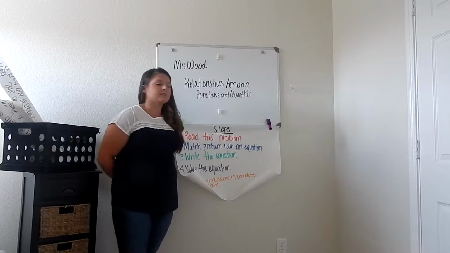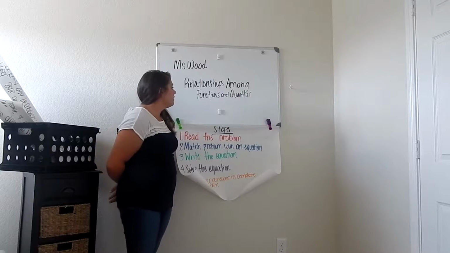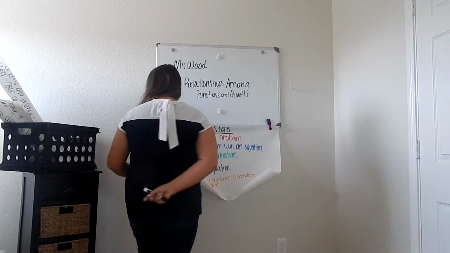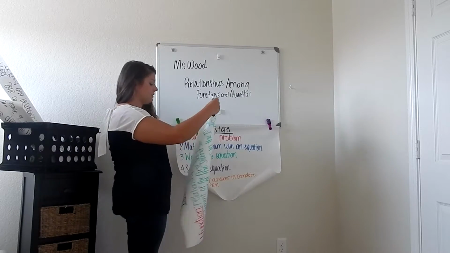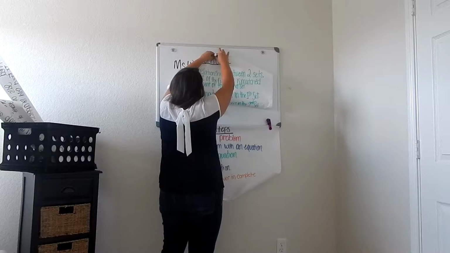Now I have some terms that we're going to go over just to get you familiar with functions and quantities. So let's go over those on the board for you so you can see visually what these terms are.